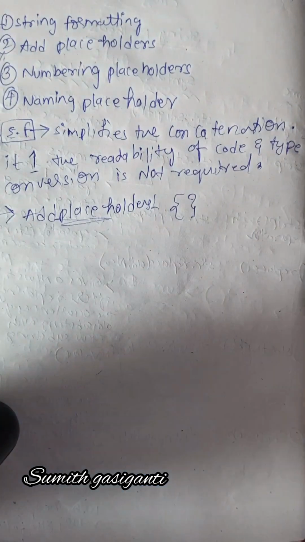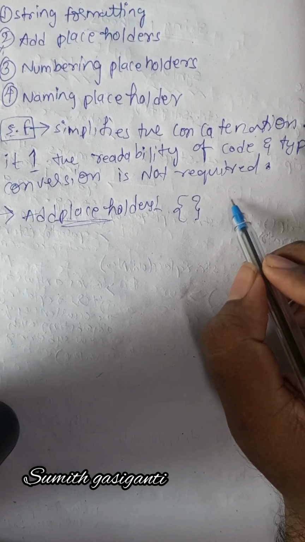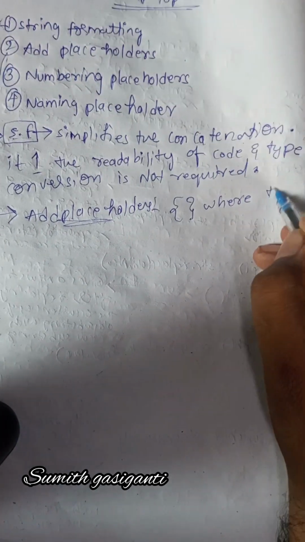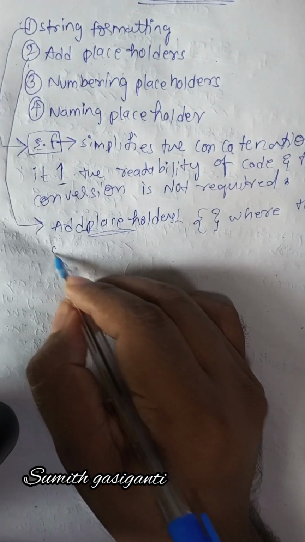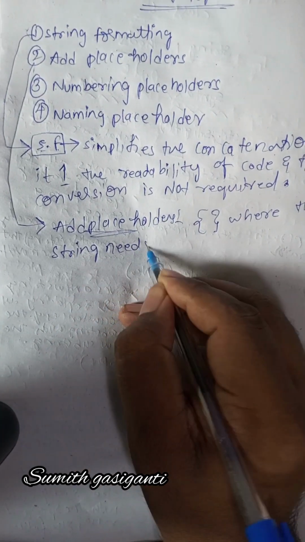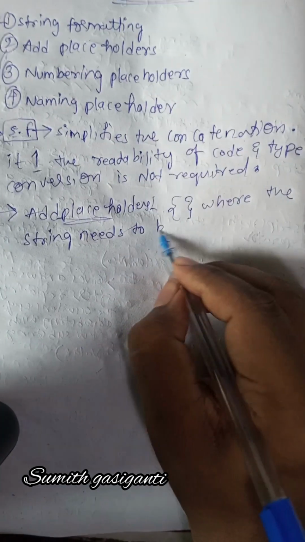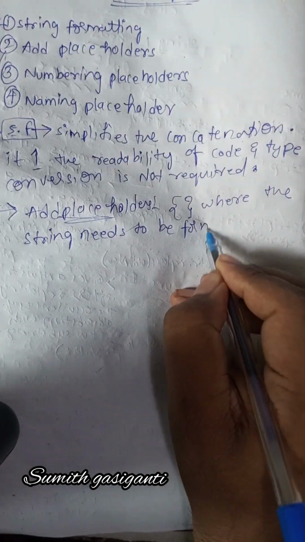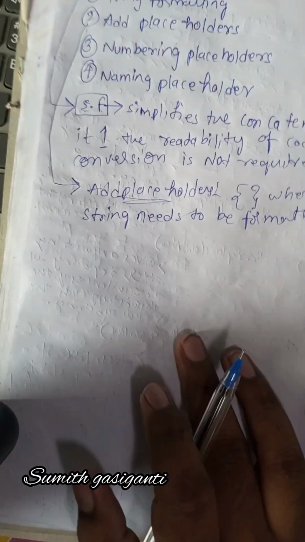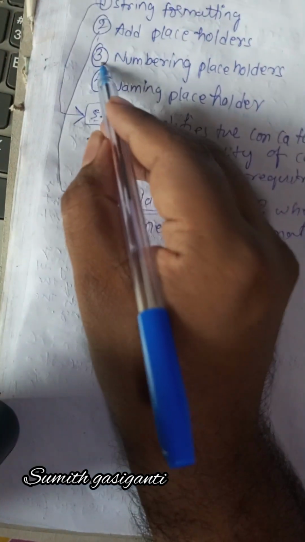This placeholder is used where the string needs to be formatted. See here, I am taking an example.